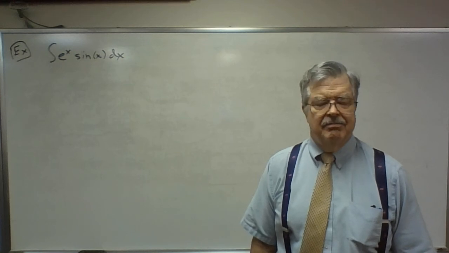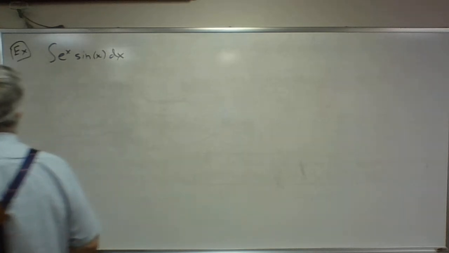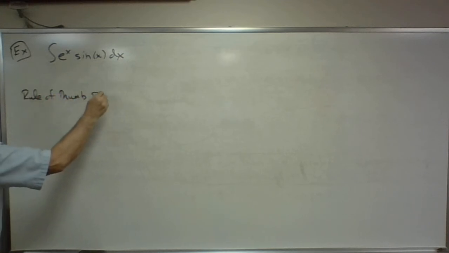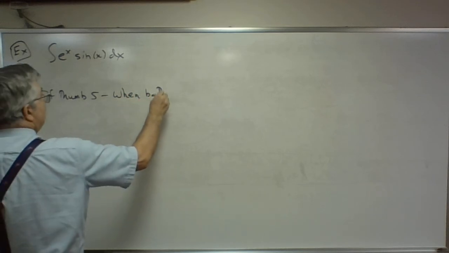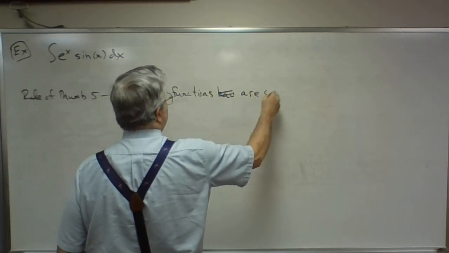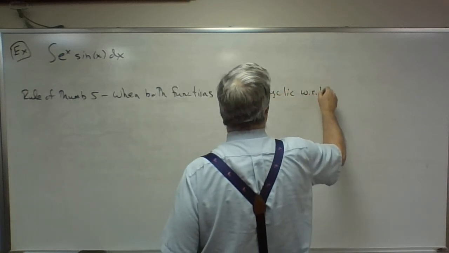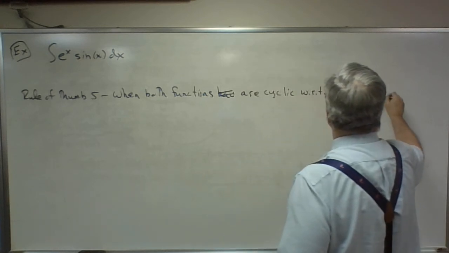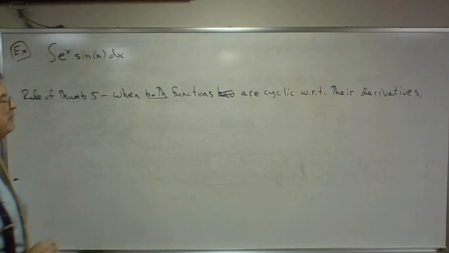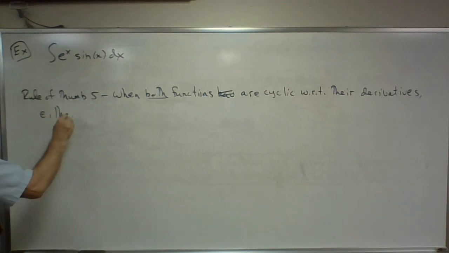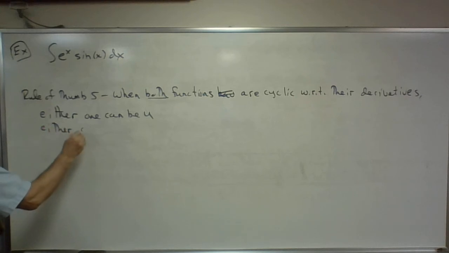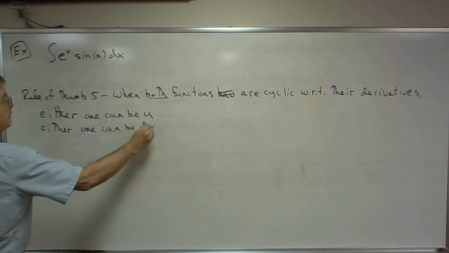As a matter of fact, when both functions are cyclic with respect to their derivatives, either one can be u, either one can be dv.